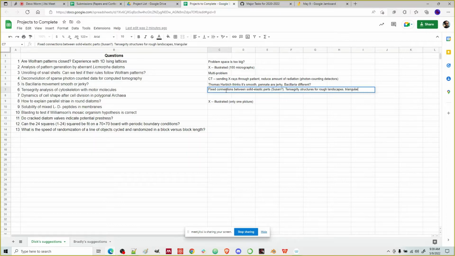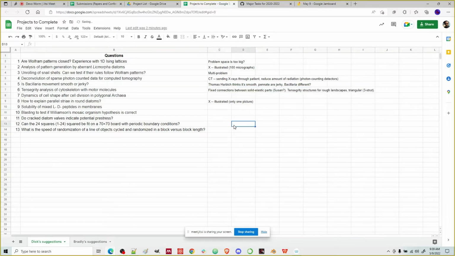The question here is, if one strut is connected to another by a motor molecule, which can move along one of the struts, what happens to the tensegrity structure?